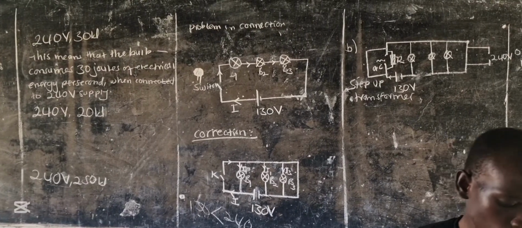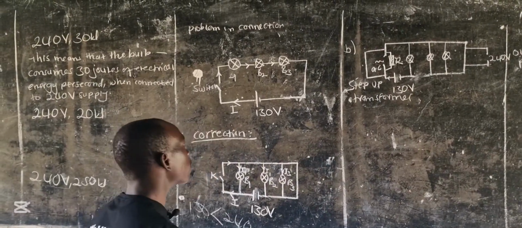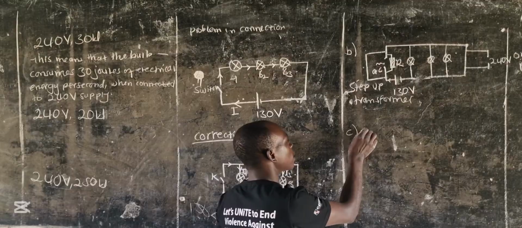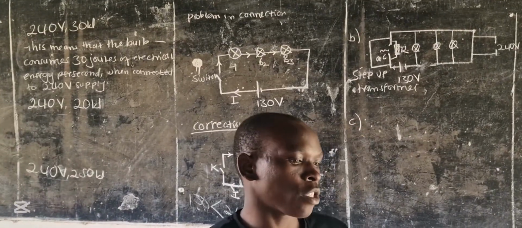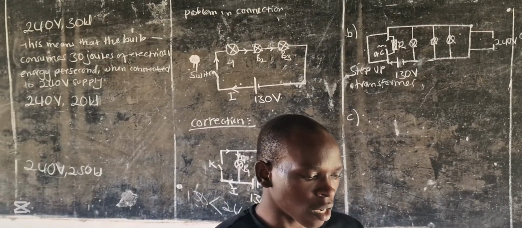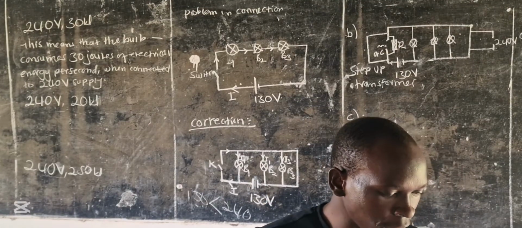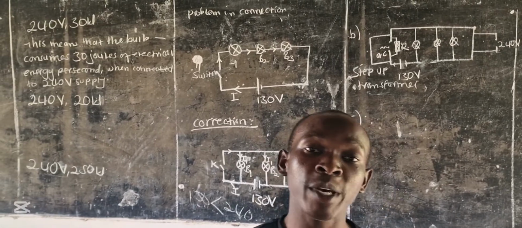So what we are going to do to help these parents, part B, this is now part C. We are going to give the possible ways on how we can help this parent. One parent was paying a bigger bill, so we have to give reasons why the other parent was paying a bigger bill.